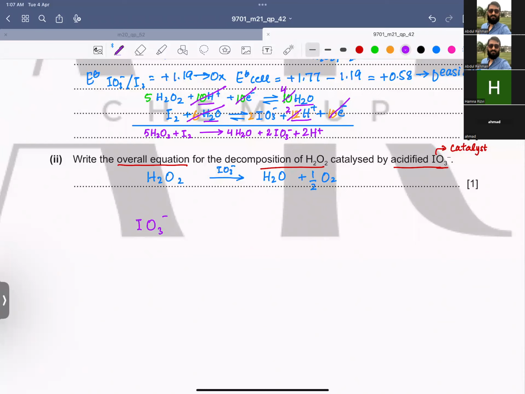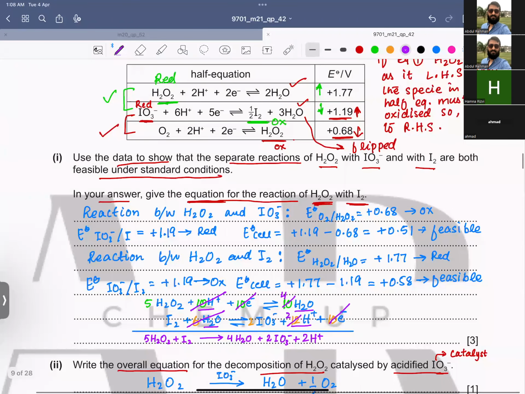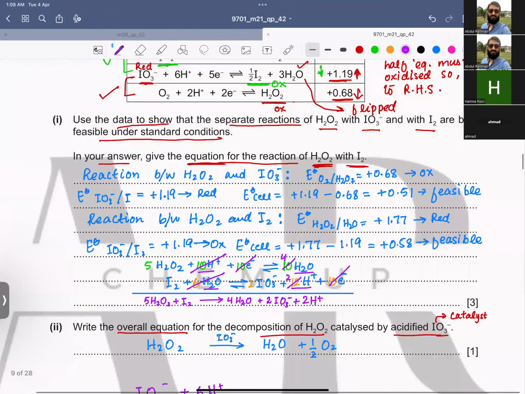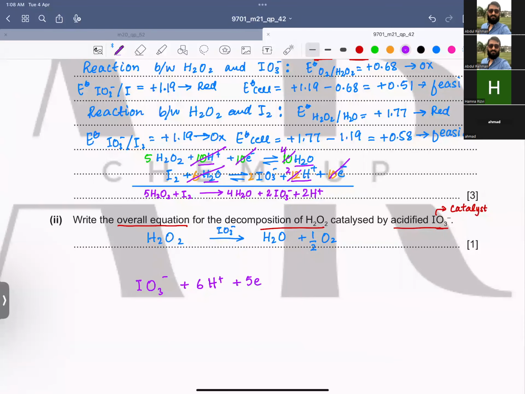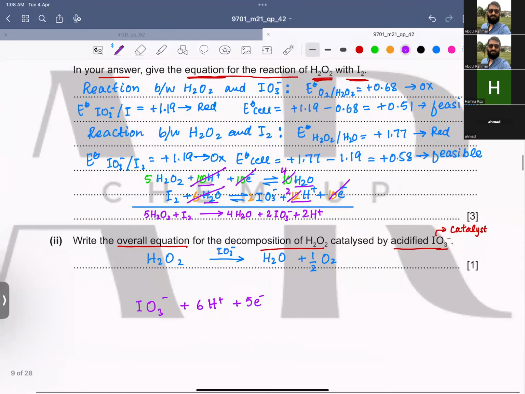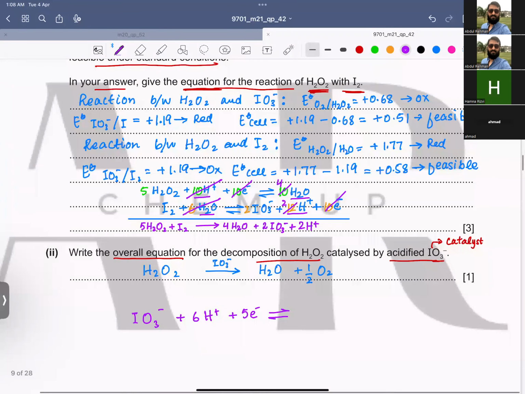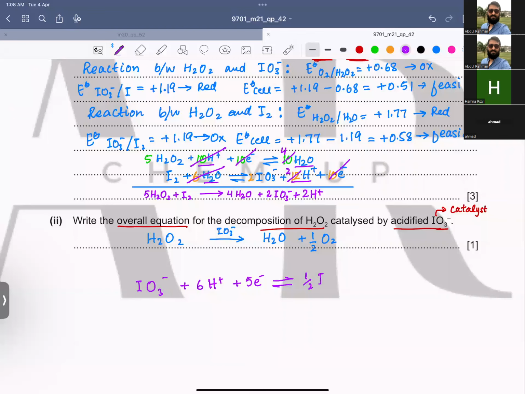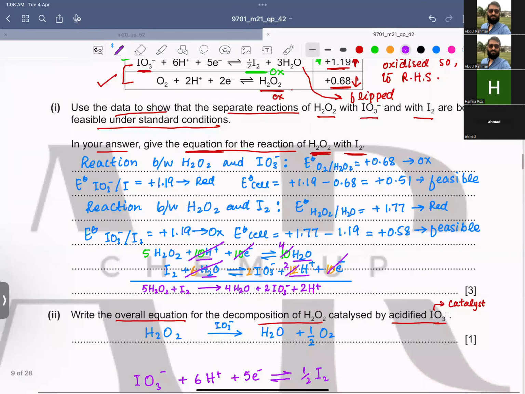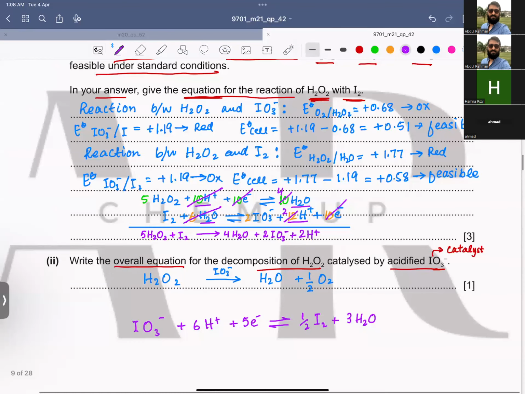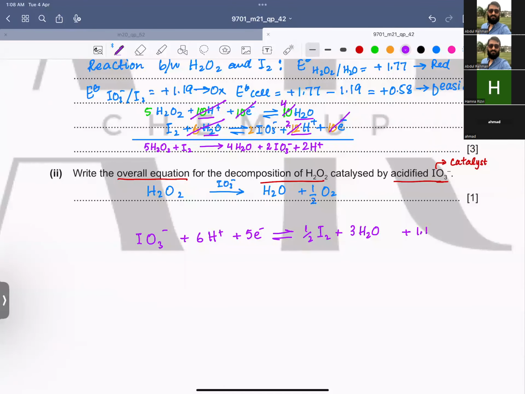I have IO3 negative reacting with 6H positive and 5 electrons, forming half mole of iodine and 3H2O, right? And its value is positive 1.19.